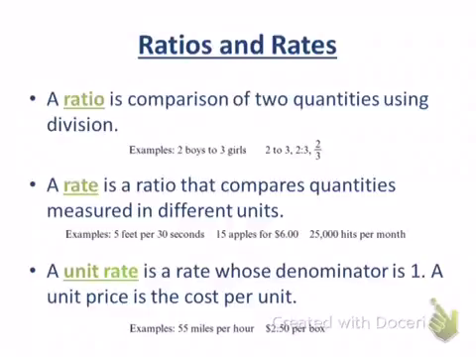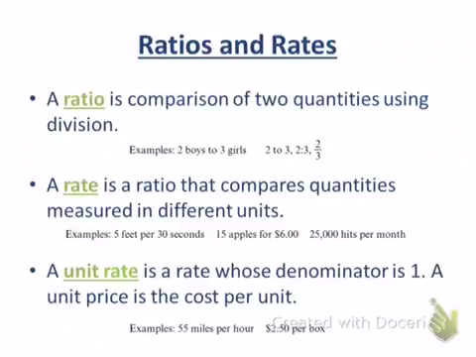And then a third definition that we're going to make use of: a unit rate is a rate whose denominator is 1. A unit rate or unit price is a cost per unit. For example, 55 miles per 1 hour. That's a unit rate because the denominator is 1. $2.50 per box, that's a unit rate, right?